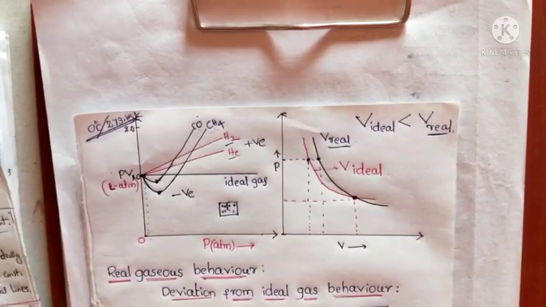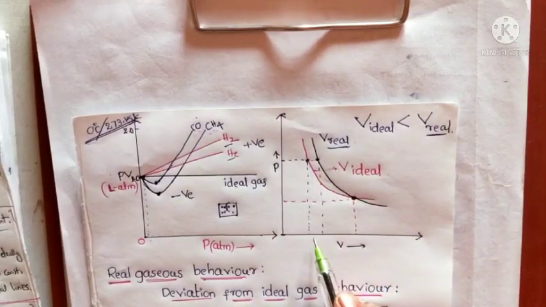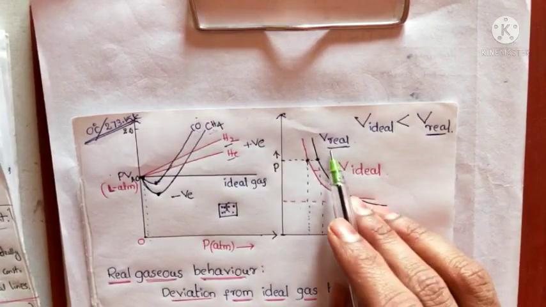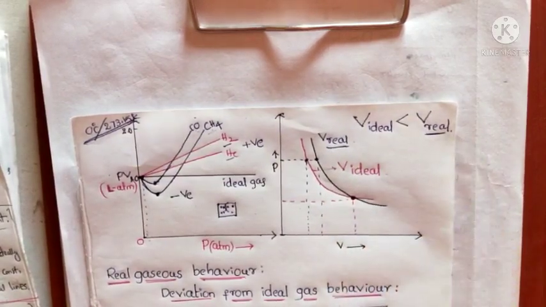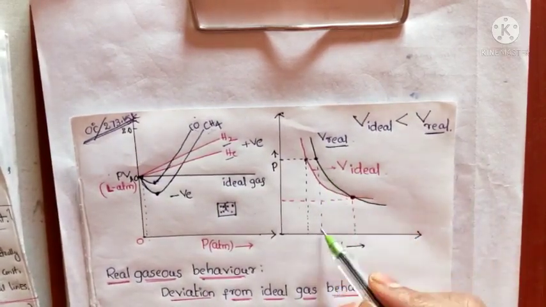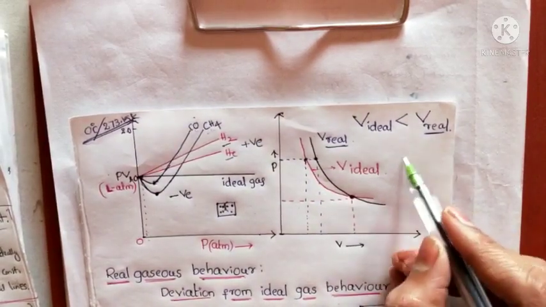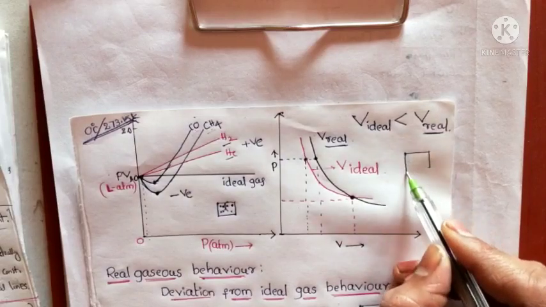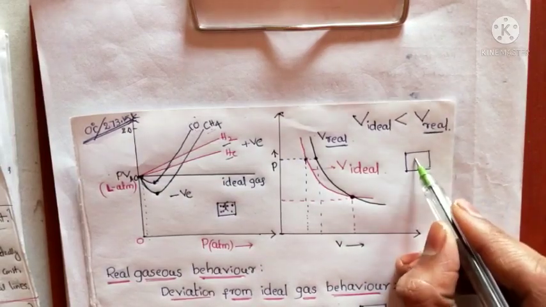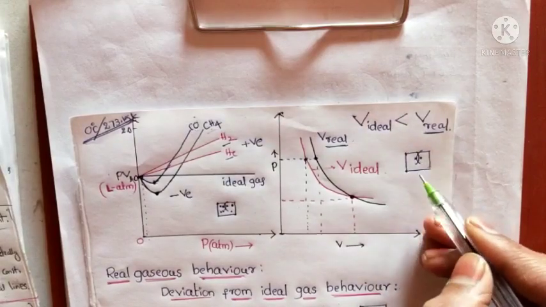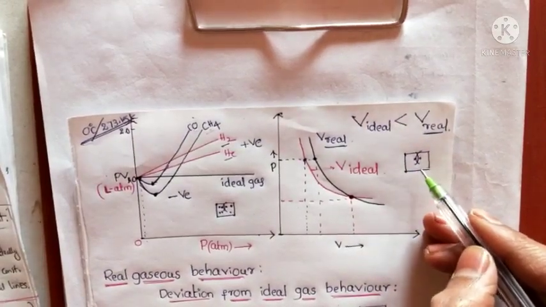So from this we can also say that not at all pressure conditions can real gases act as ideal gases. They deviate at high pressure. Already we know that at high pressure molecules come close to each other, so there are repulsions as well as attractions between them.